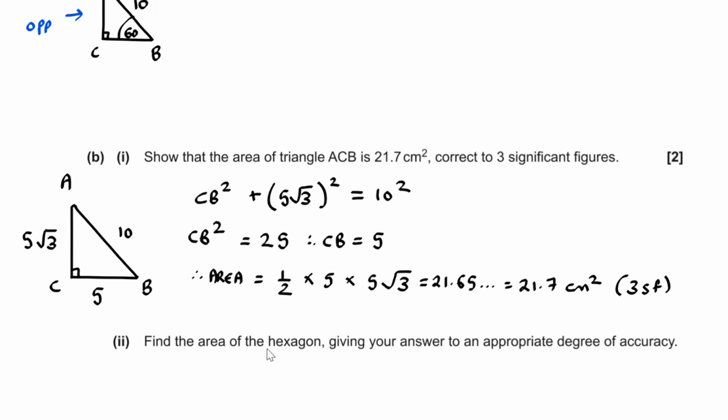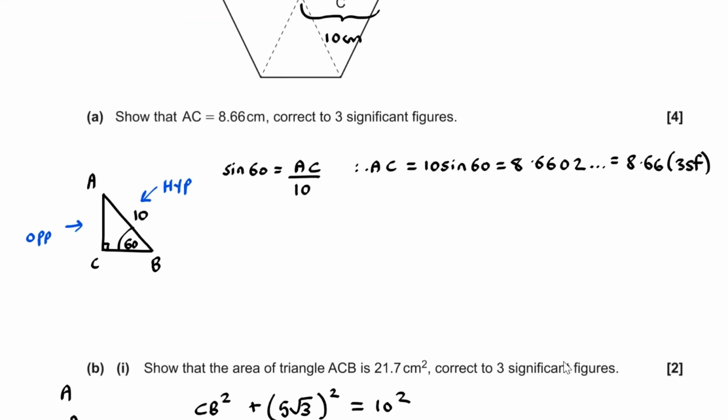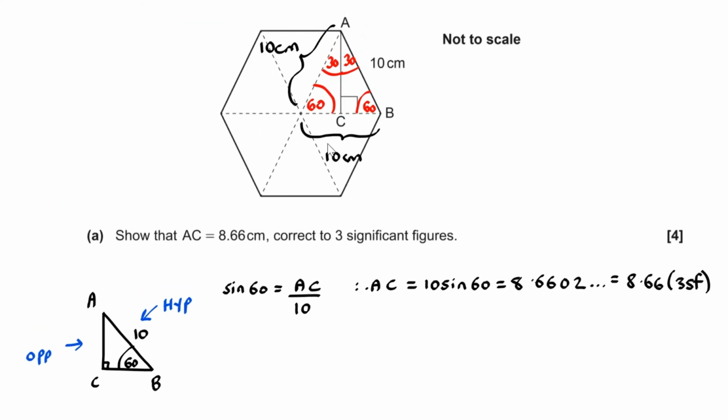And now we have to find the area of the hexagon, giving your answer to an appropriate degree of accuracy. So if we go back to this diagram, this triangle is the same as this triangle here.